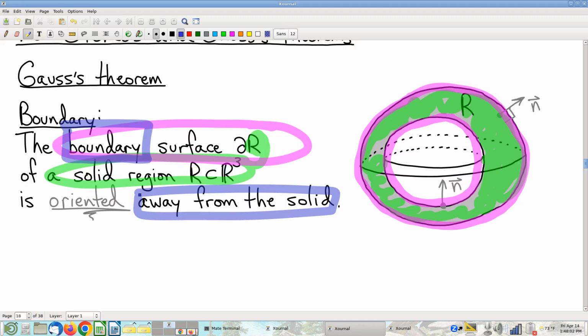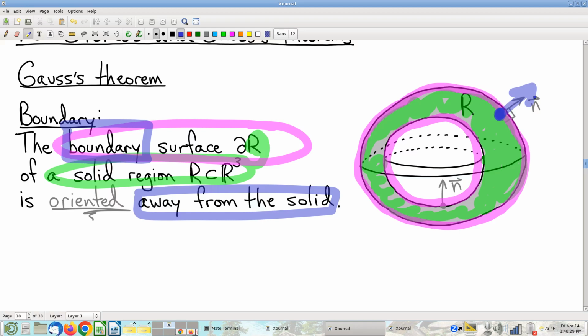So now it's relatively easy to think about what that means in reference to, let's say, a point over here on what we might call the outside part of the boundary. Away from the solid means outward. Sure, right? Pretty intuitive that this is away from the solid. Now, just to clarify, though, even though they coincide in this case, I don't want to conflate away from the solid with outward.